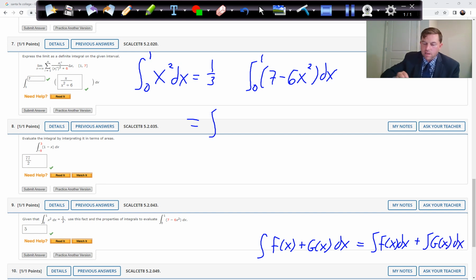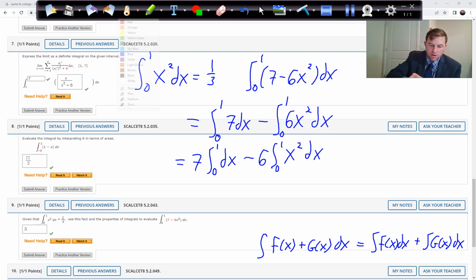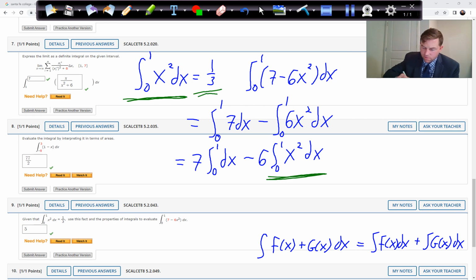And the same rules apply, constants can be pulled out, etc. So we're going to write this as the integral from 0 to 1 of 7 dx minus the integral from 0 to 1 of 6x squared dx. This is equal to 7, bring the 7 out, dx, minus bring the 6 out, the integral from 0 to 1 of x squared dx. But we know all of this is just 1/3.